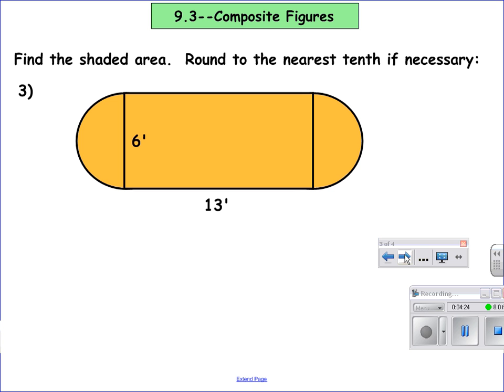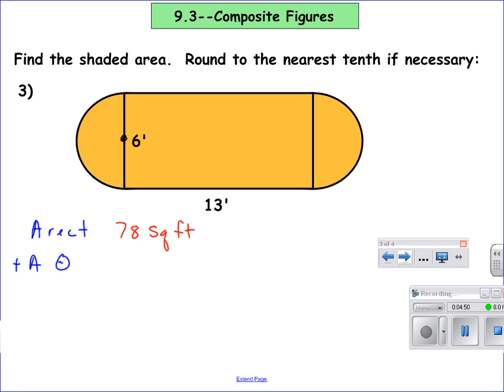So I've got the area of the rectangle. I'm going to go ahead and put plus the area of the circle, because I'm going to say those 2 semicircles make 1 circle. Okay, so the area of the rectangle is 78 square, and that notation is feet. Okay, and then for the area of the circle, let's see. Be careful, be careful.